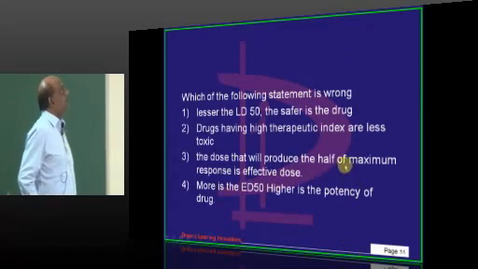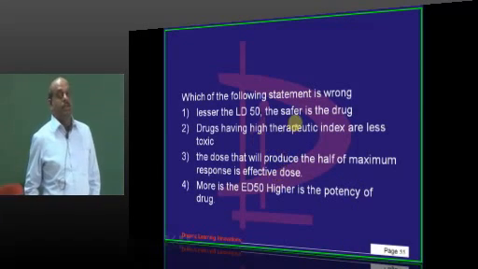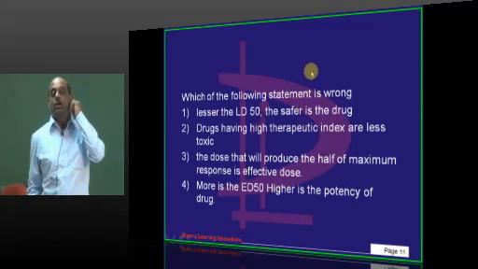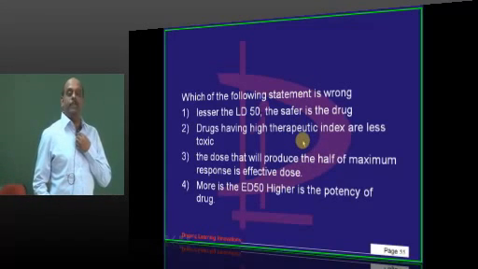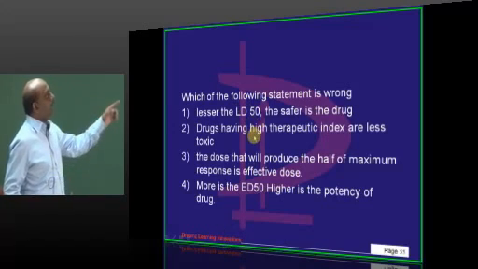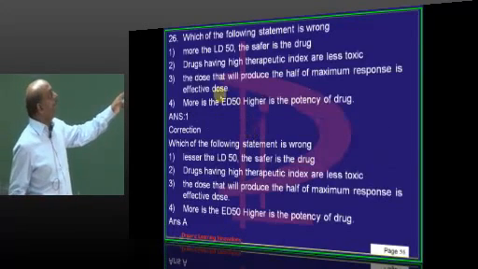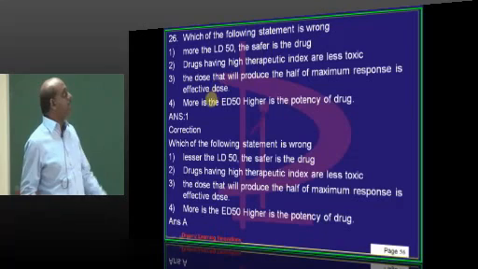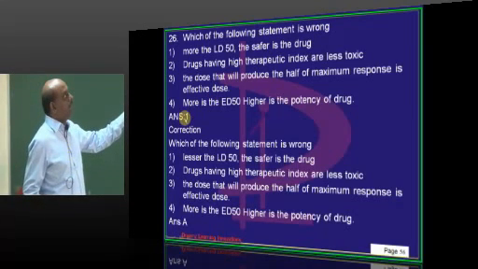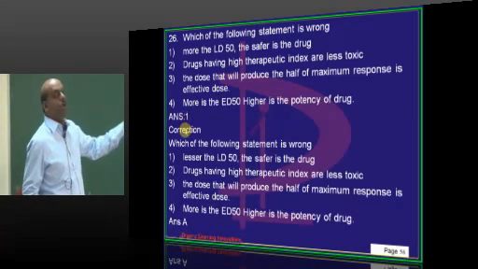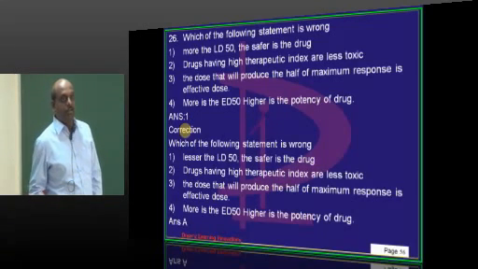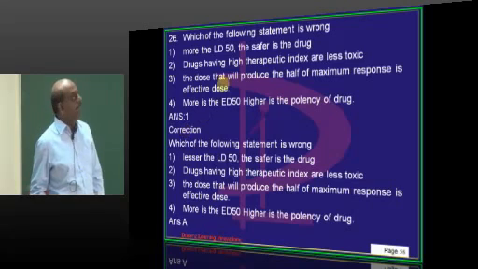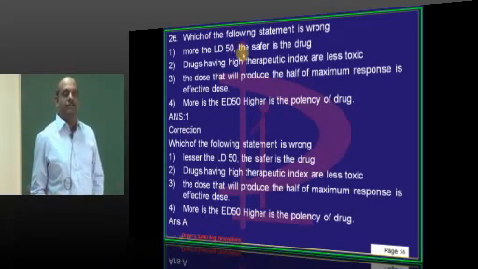Okay. Now doctor, the next question actually was wrongly framed. Those who have taken the paper, option was given as higher the LD50, safer is the drug as a wrong option, right? Higher the LD50, it will be safer.